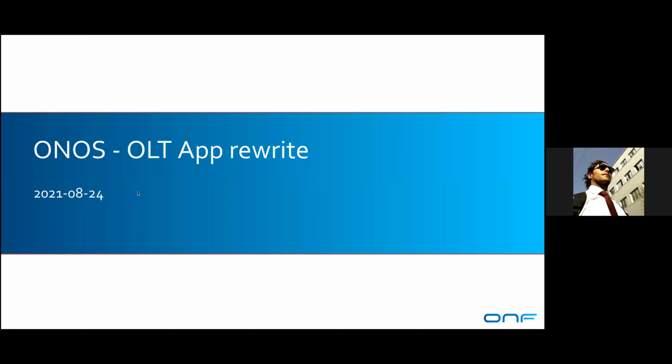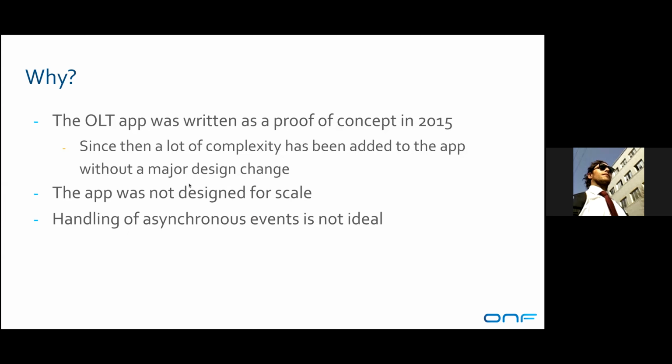As most of you know, in the last 2-3 weeks, I spent a bunch of time rewriting from scratch the vOLTHA application. The reason we did that is that the original application was written as a proof of concept back in 2015.